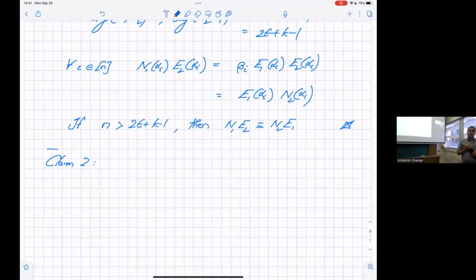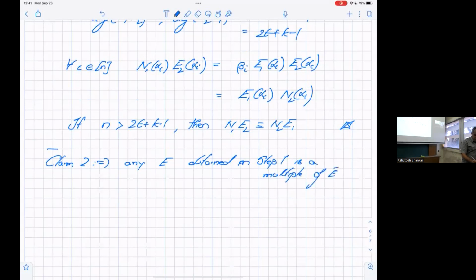So in particular, claim 2 implies that the E in step 1 is a multiple of e hat.